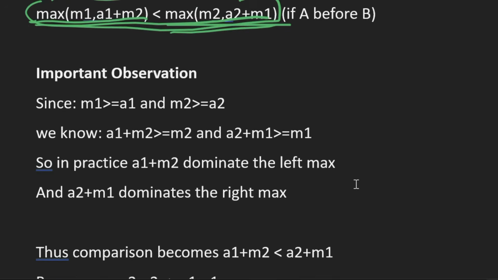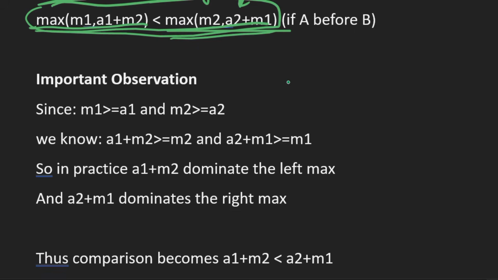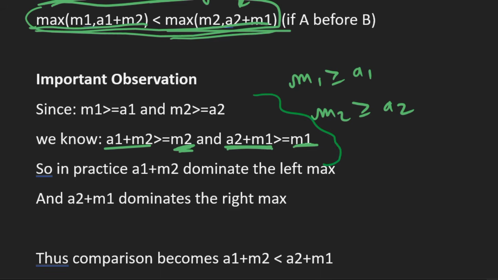So the important observation from here is that M1 will always be greater than or equal to A1, and M2 will always be greater than or equal to A2, right? And we also know that A1 plus M2 will always be greater than or equal to M2, and A2 plus M1 will always be greater than or equal to M1. So these expressions will always hold.